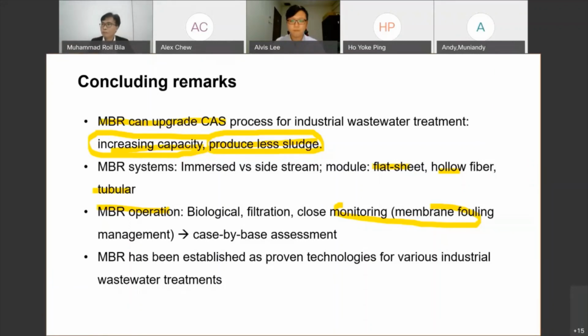But if the problem persists for a long time, meaning your F to M ratio, food to microorganism ratio, increases, in that case your microbes will starve. They are out of food. When they are out of food, the first thing they will do is break the floc and make it smaller. Then you will probably have a problem with the membrane.